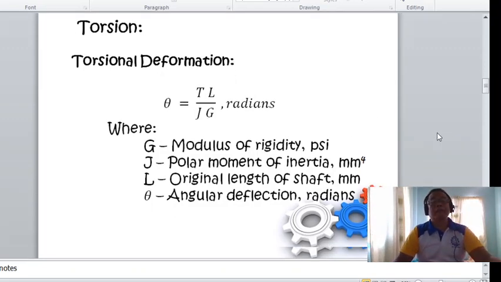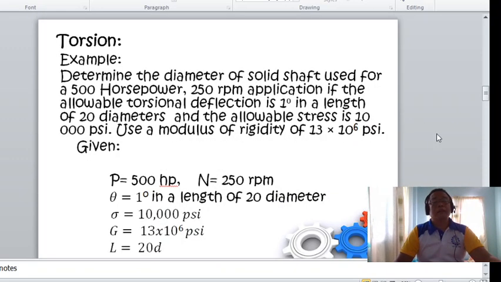So we have here an example for a torsion problem. Determine the diameter of a solid shaft used for a 500 horsepower, 250 revolutions per minute application if the allowable torsional deflection is 1 degree in a length of 20 diameters, and the allowable stress is 10,000 psi.